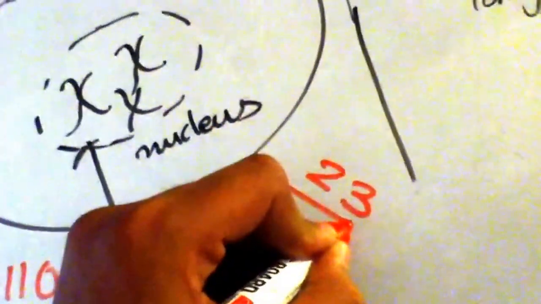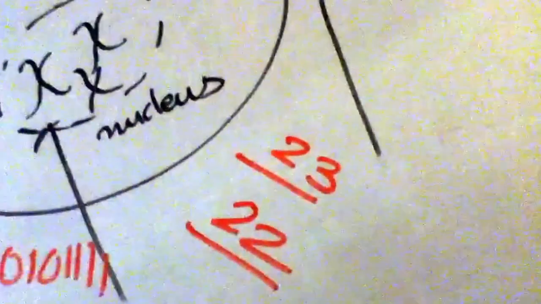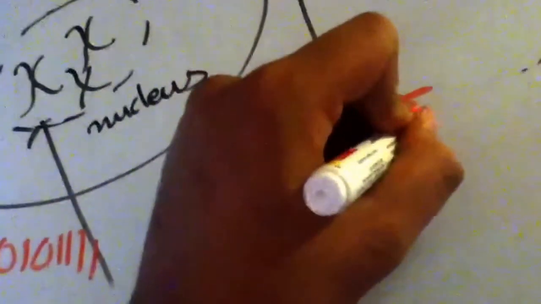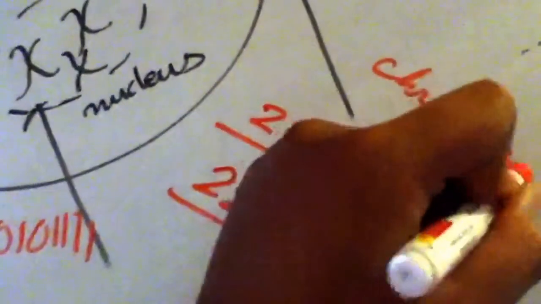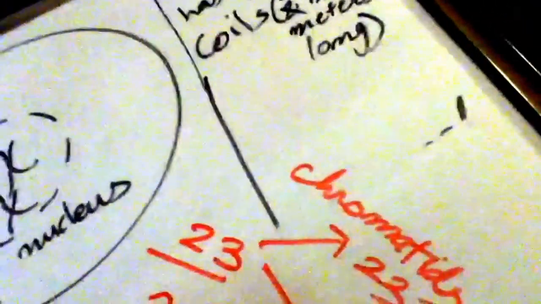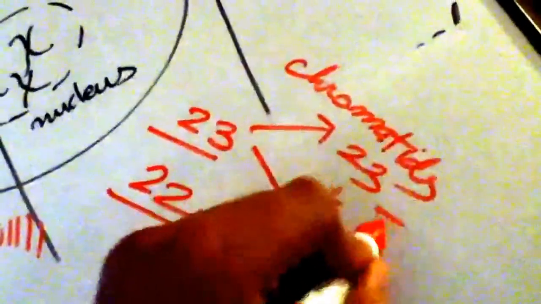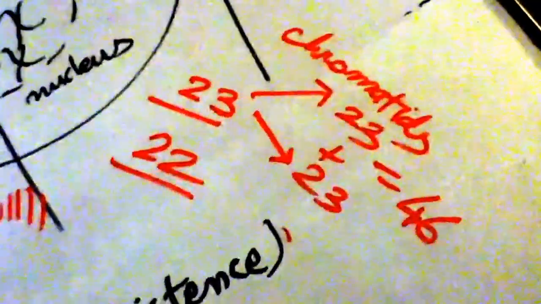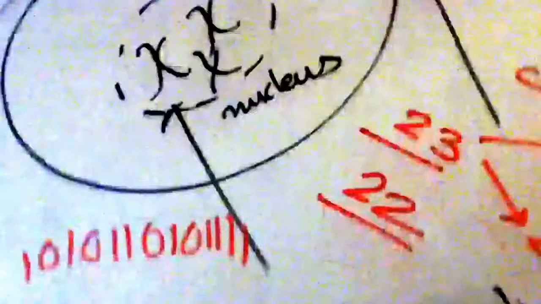So there are 23 pairs of chromosomes in humans, and because they are in pairs, the individual segments of these chromosomes, I think, are called chromatids, and so that would make for 23 plus 23, which is 46 chromatids, I think. Yeah, or 46 chromosomes. These are loosely defined terms in biology, as I learned from one of the videos.